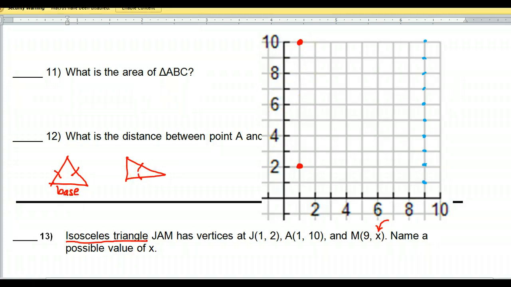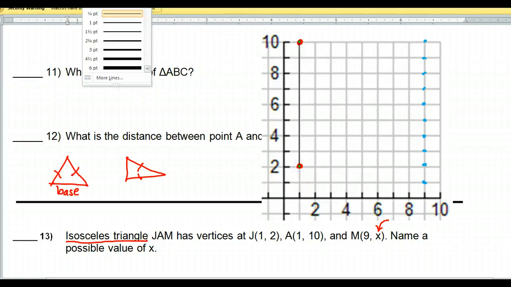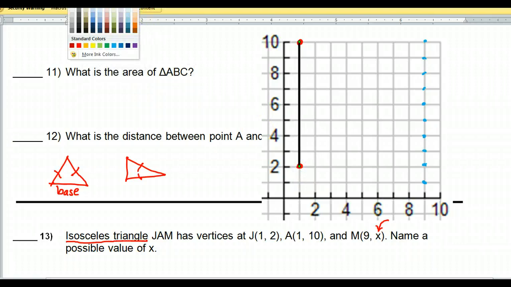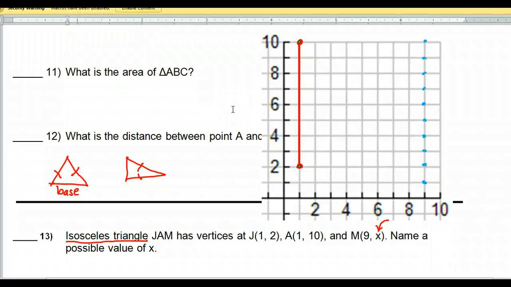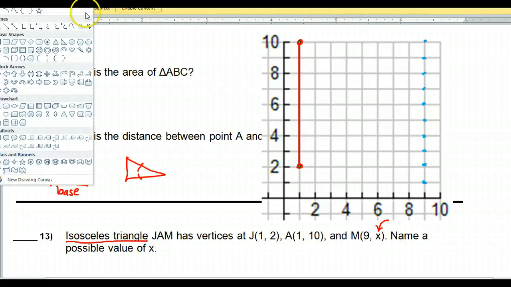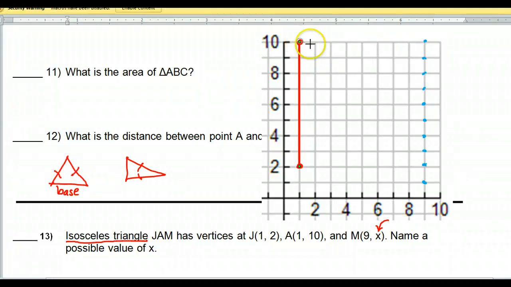Okay, if you think of that as the base of the triangle, then this is what we're asking ourselves: if I go like this, is that going to make an isosceles triangle if I pick this point right here?